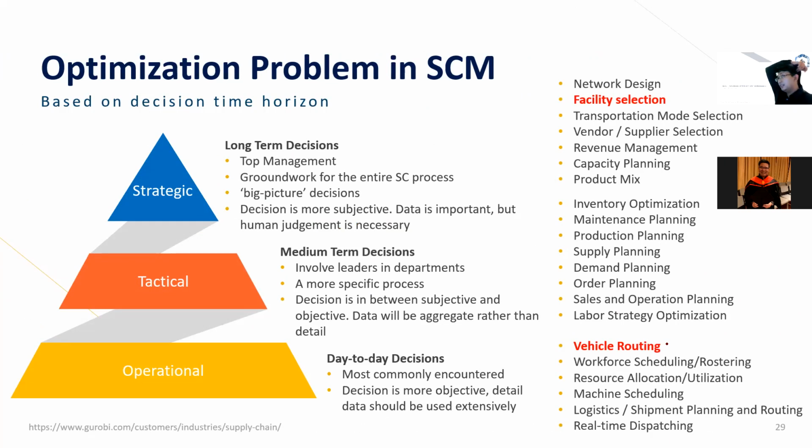It means the decisions in supply chain will be associated with the optimization problems that you want to solve. So if you think about long-term decisions, the optimization problems, the objective, the decision variables, and the constraints will also have characteristics on how to make a long-term decision.